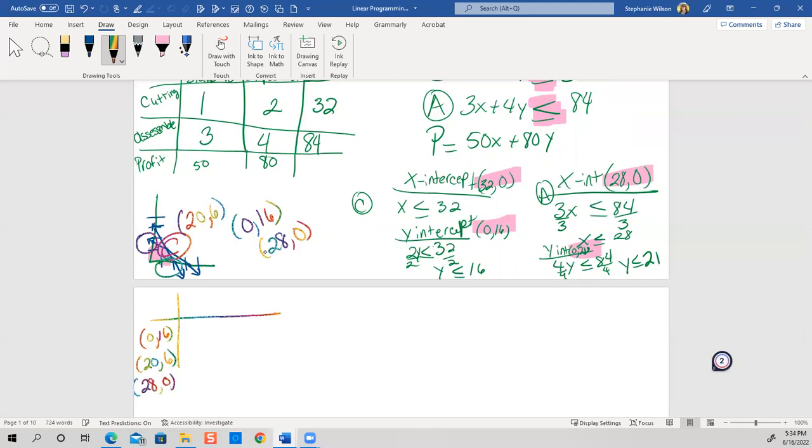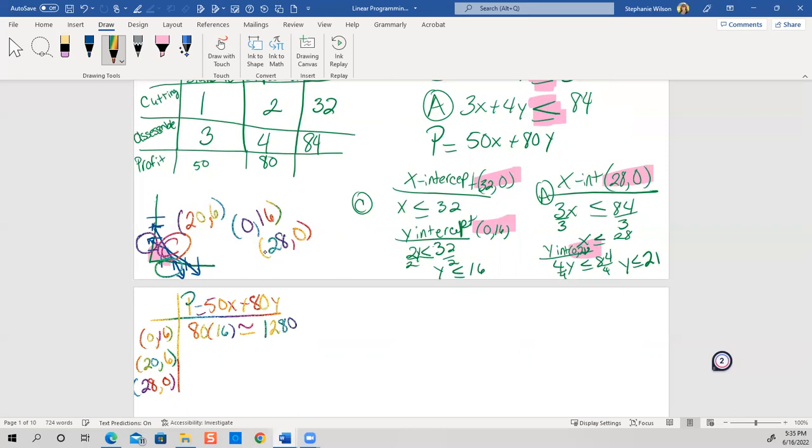And we have a profit of 50x plus 80y. So I'm going to plug in, well, x is 0 here, so I'm just going to have 80 times 16. And when I multiply 80 times 16, I get 1280.